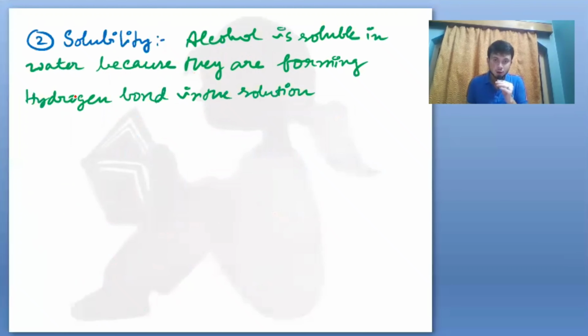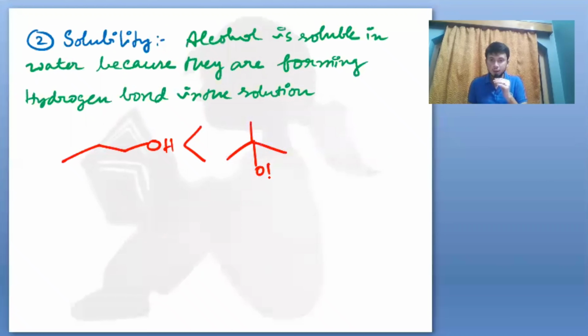That is, alcohol is soluble in water because they are forming hydrogen bonds in the solution. Okay. But here also, as we know, the boiling point is inversely proportional to solubility. So here this will have more solubility than this simple chain alcohol. Okay.